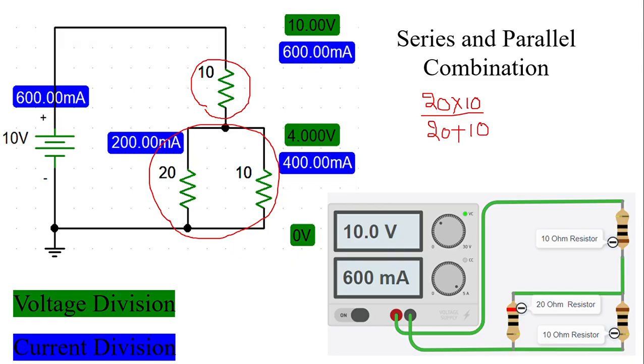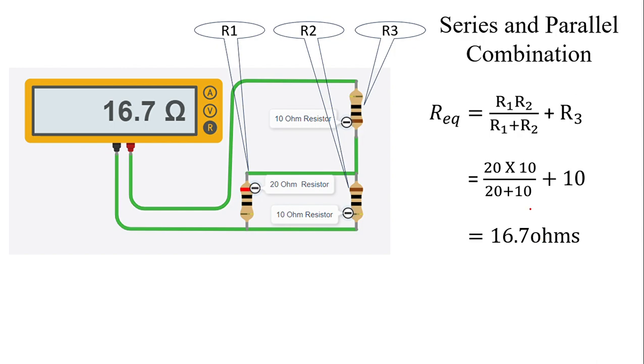That is 200 by 30, that is 6.7 ohms. This whole combination is in series with this, so we simply add the R3 value, and we get 16.7 ohms as the equivalent resistance.